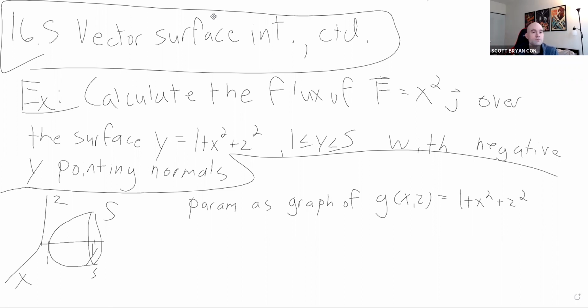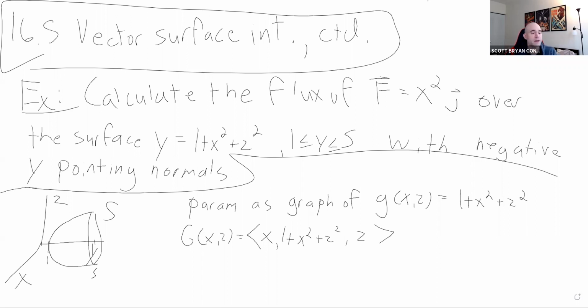So we say y is equal to a function of x and z. We let x be x, z be z, and then y is that function: 1 plus x squared plus z squared.